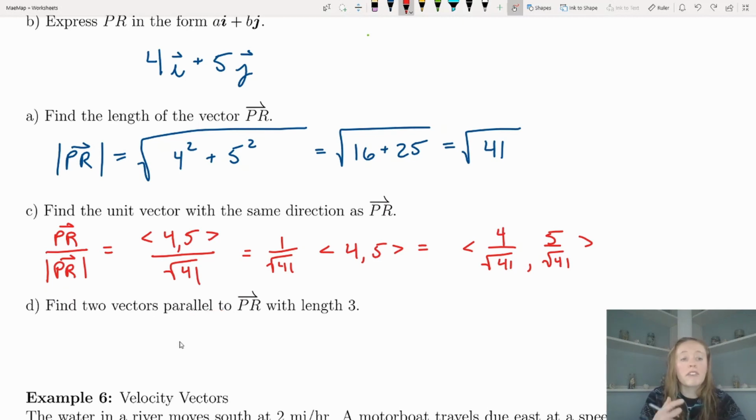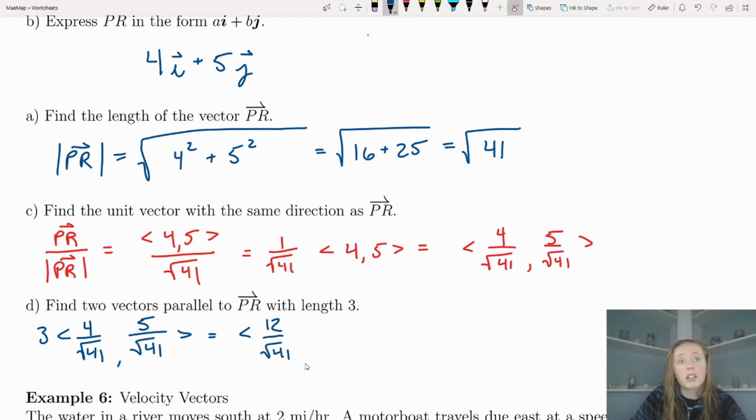So if we want a vector that's parallel to PR with a length of 3, all we have to do is multiply the unit vector by 3. So we'll do 3 times <4 over the square root of 41, 5 over the square root of 41>, which, if we wanted to write that out, would be <12 over the square root of 41, 15 over the square root of 41>. So that's one vector that's parallel with a length of 3.